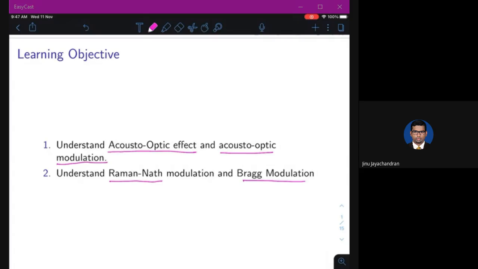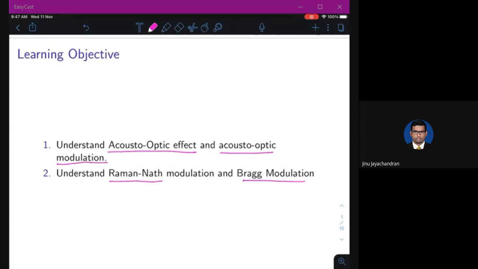So acoustics is something you might have already heard of, the acoustic waves, like the waves traveling in the water, or a sound wave, which is all acoustic waves. It is not like the normal electromagnetic wave, but it's a kind of wave which propagates.